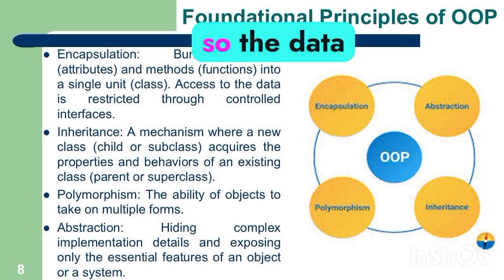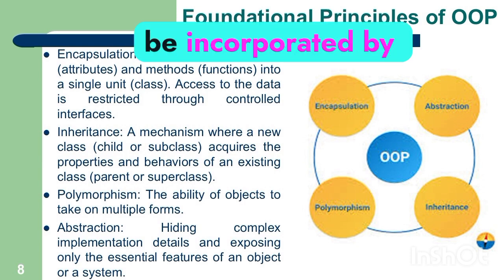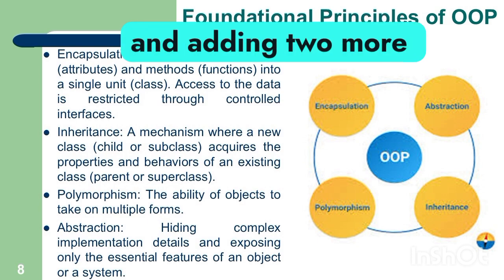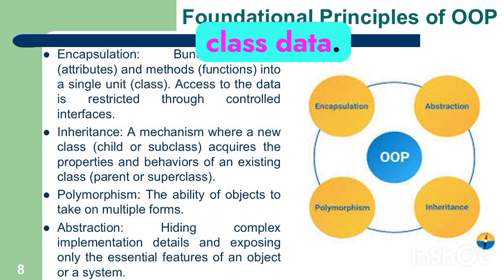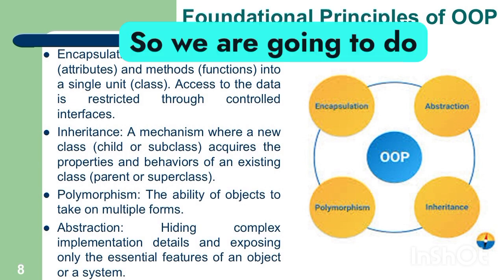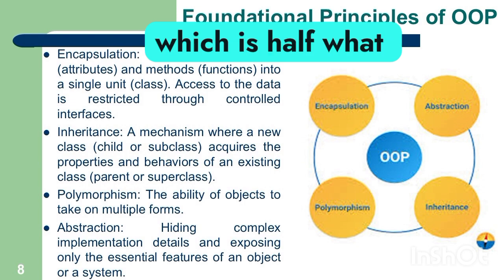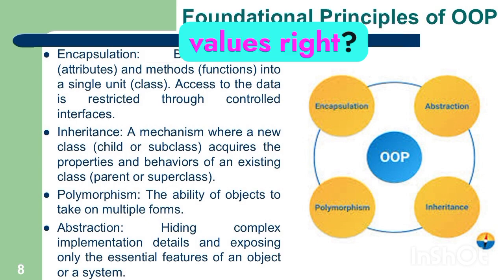So the data hiding can be incorporated by making the attribute invisible from outside the class and adding two more methods onto the class for accessing class data. So you are going to do that only by using what? You have set values, which are methods that assign the values, right?